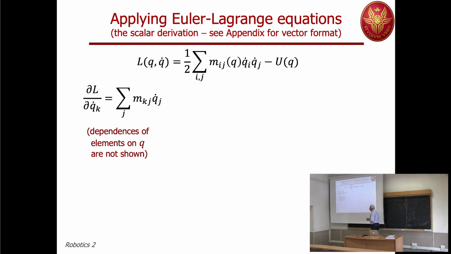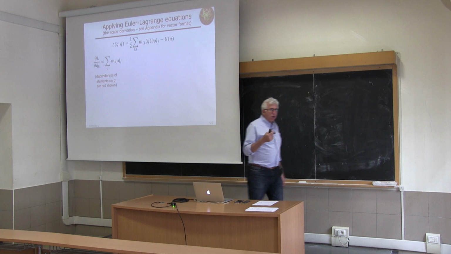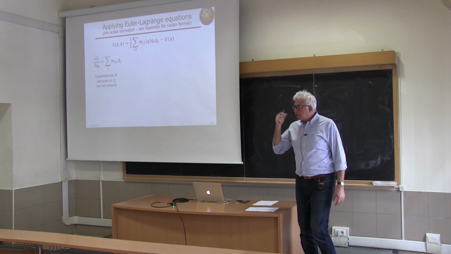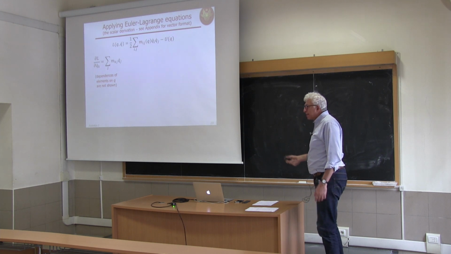So you take the derivative with respect to q dot k, and you have the summation with respect to the index i. And you do the same in the opposite situation. So you have twice the same summation because of the symmetry of the inertia matrix. You can remember that these summations, when they saturate all values going from 1 to n, are also called mute summations. So you can call the index i, you can call the index j, you can call the index k.